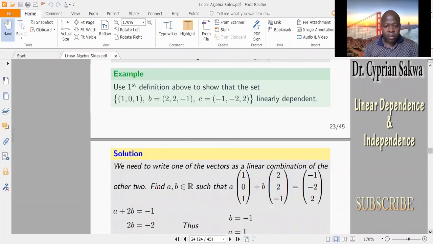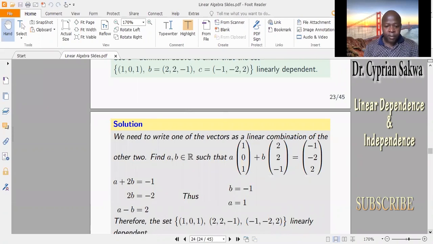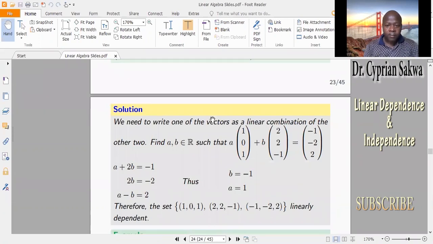So the solution is here. I want to see whether the first vector times a scalar A plus the second vector times a scalar B equals the third vector. In other words, whether the third vector can be written as a linear combination of these other two vectors.